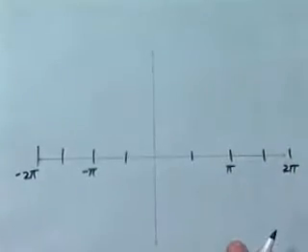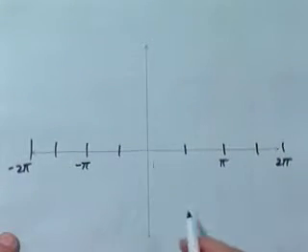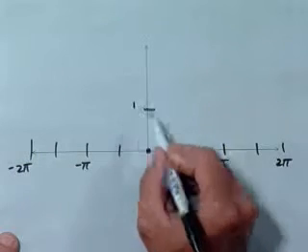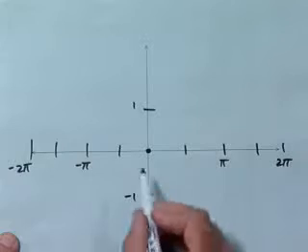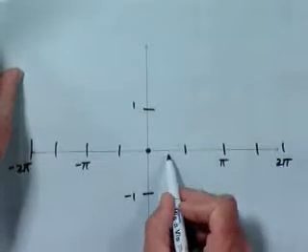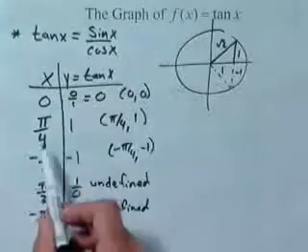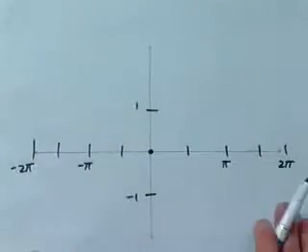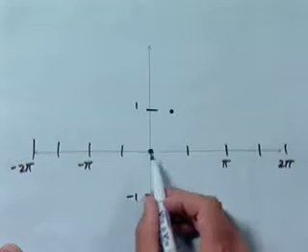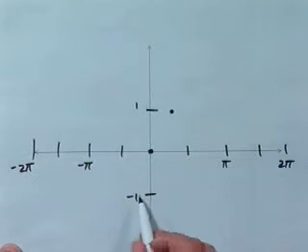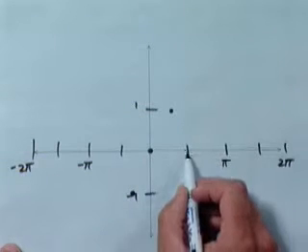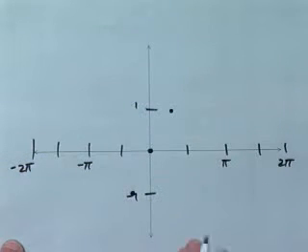All right, so here's 0, 0 right here, the origin. Maybe I'll put 1 here. Remember, if this is pi half, then pi fourths is somewhere in here. Tangent of pi fourths is 1. Tangent of negative pi fourths is negative 1. Okay? And remember what we got at pi halves, it was undefined.